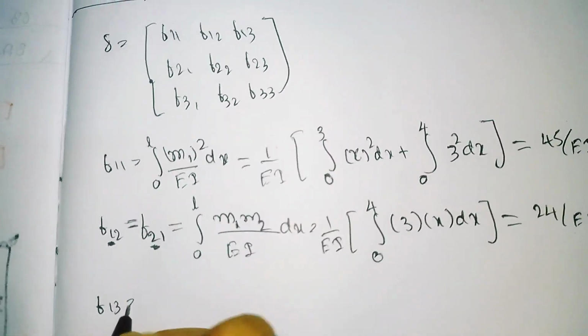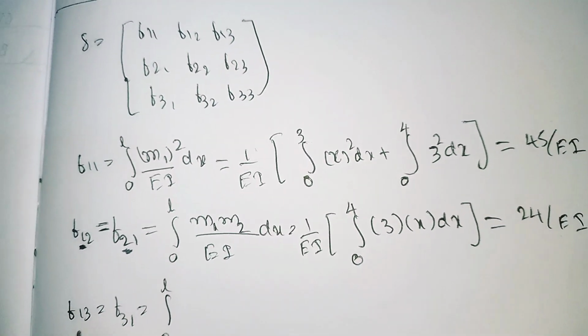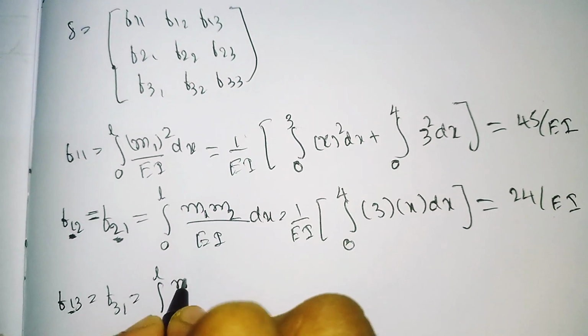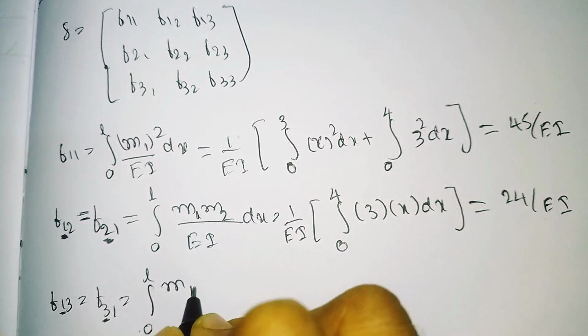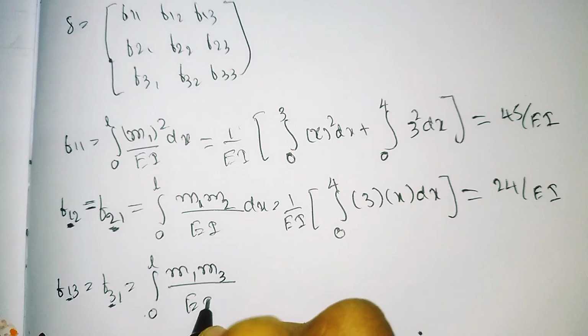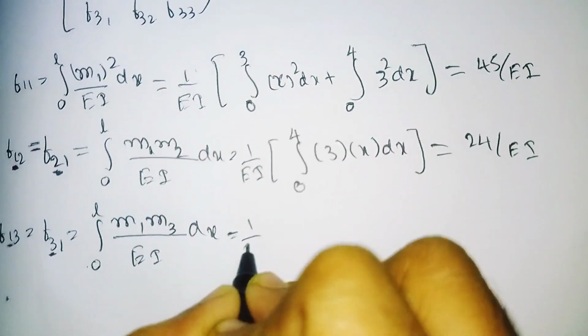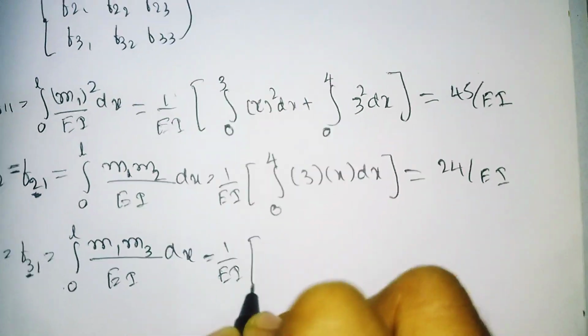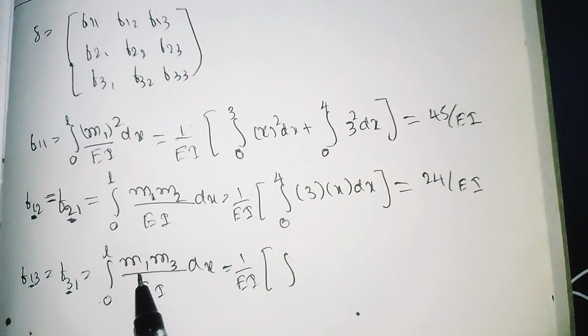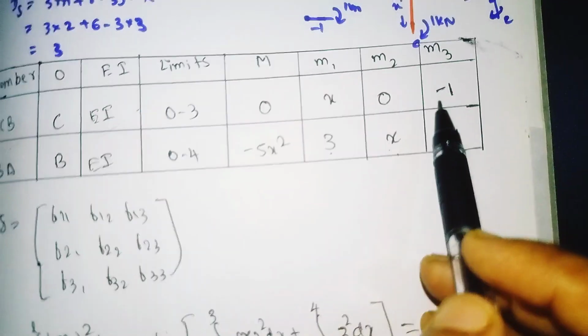Similarly for F13 and F31 we need to calculate. So F13 is equal to F31 is equal to integration of 0 to L. Here first point is 1, so M1. Here first point is 3, so moment of coordinate number 3 divided by EI into dx is equal to 1 divided by EI, I am taking outside. So integration of m1 and m3 we need to see. So m1 is x and m3 is -1.